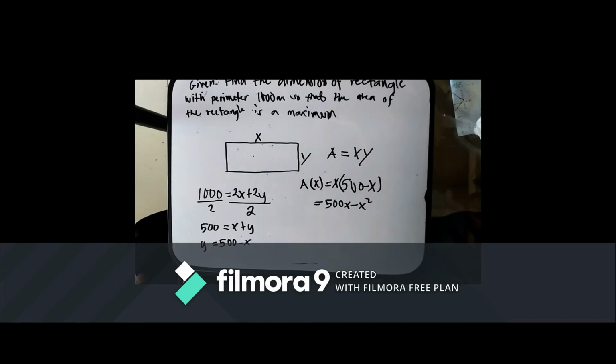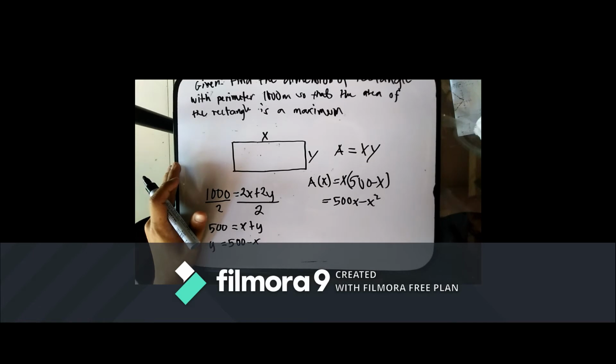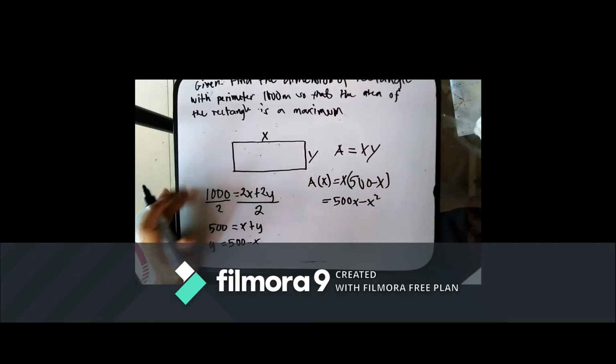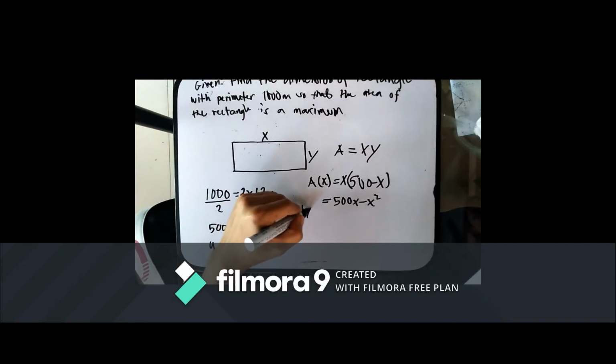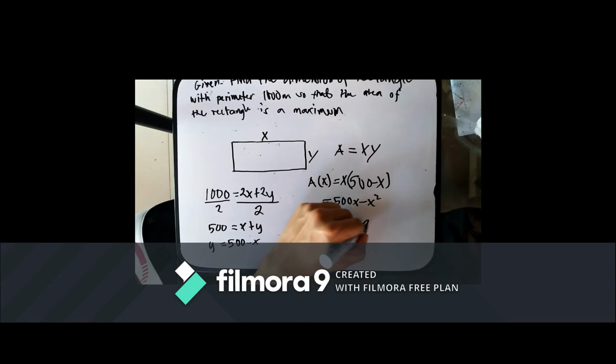The problem is now reduced to finding the value of x between 0 and 500 for which A is a maximum. Since A is differentiable, the maximum must occur at an endpoint or a stationary point. So dA over dx is equal to 500 minus 2x.